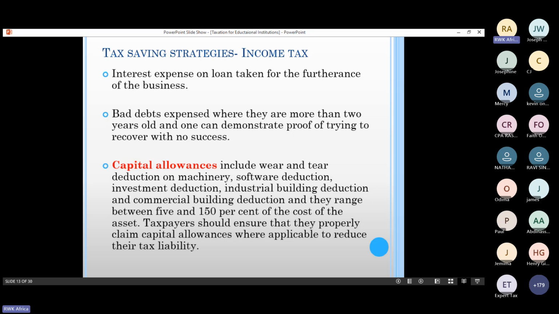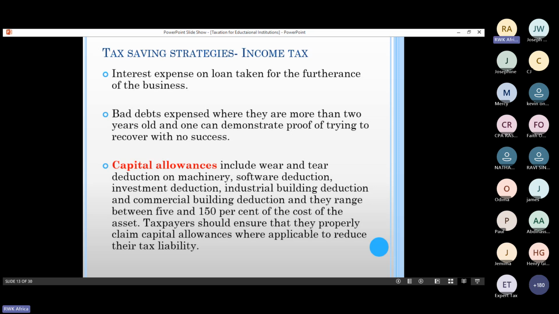So number one, interest expense on loan taken for the furtherance of the business. So you have received a loan from KCB Bank or Equity Bank, and you have been incurring interest on a monthly basis. But then at the end of the year, you don't have that expenditure. So your profit is still higher, but there is an extra cost that you are incurring.